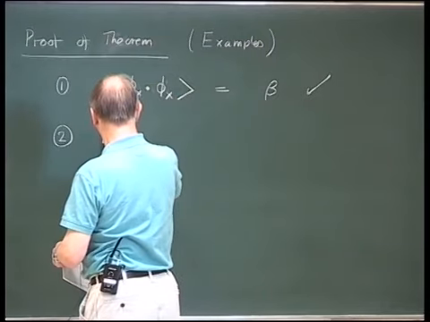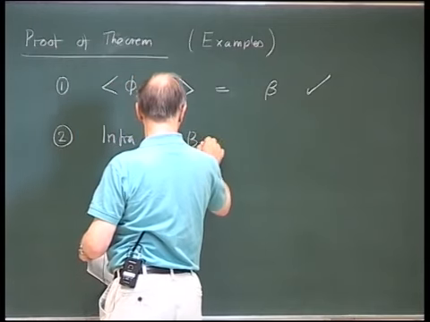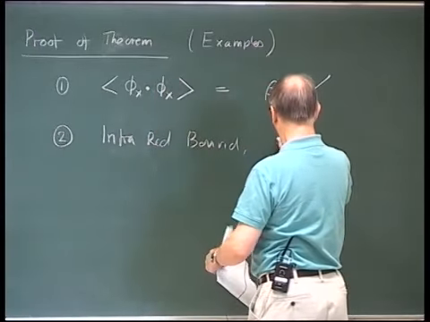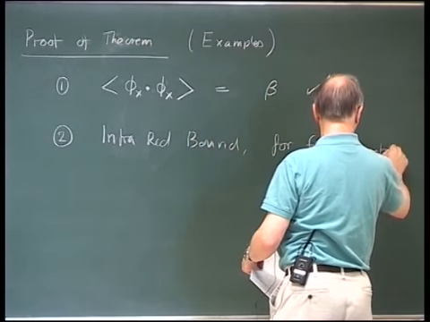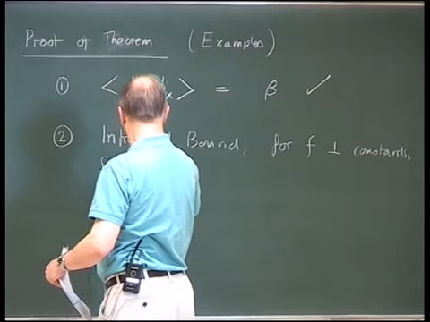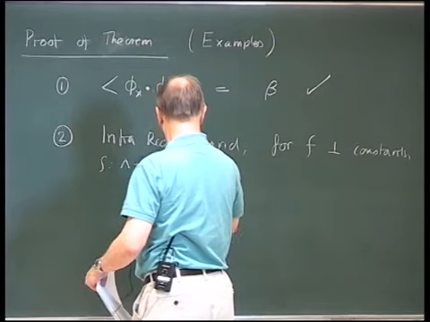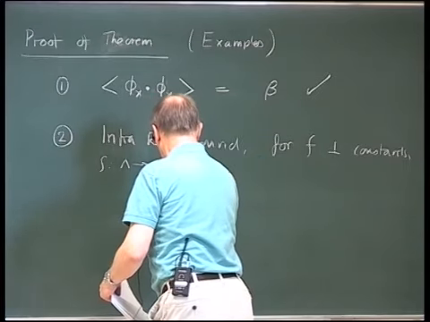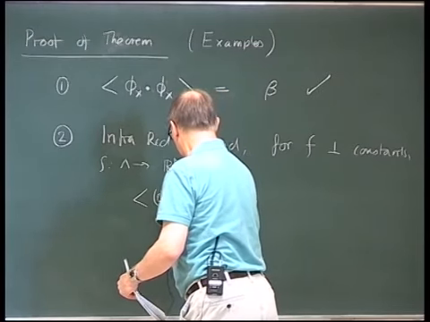Now, the infrared bound, this is a bit trickier. This is the heart and soul. Infrared bound, for f perpendicular to constants. And what is f? F is just a function from lambda into the vectors, into Rn. The following is true. What we're looking at is the component of phi in the direction f.